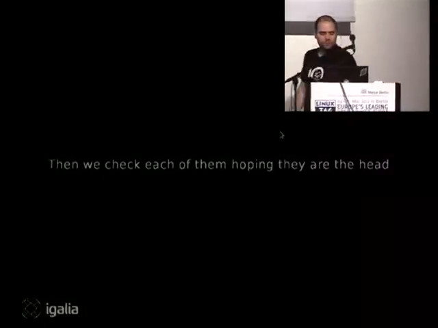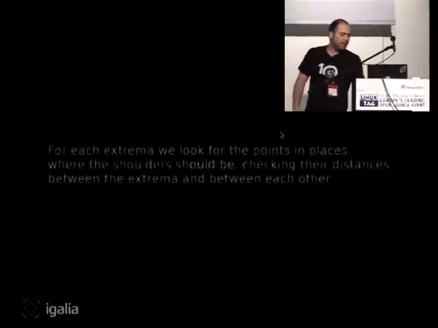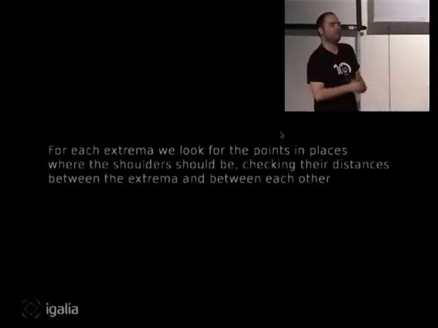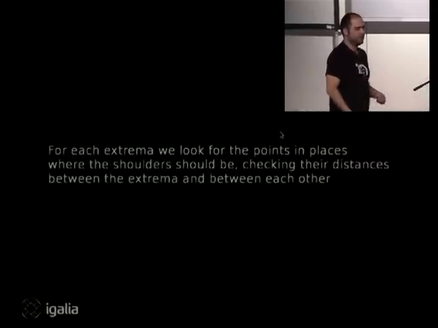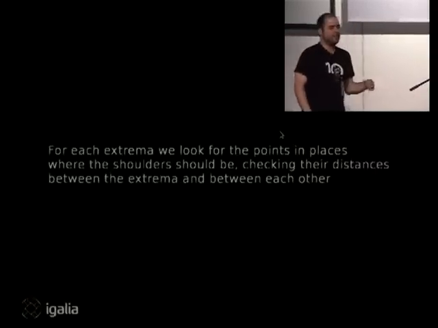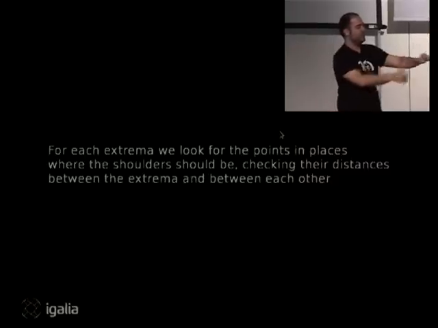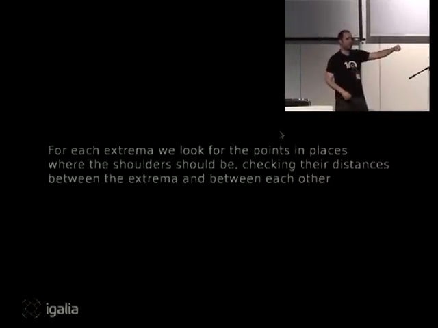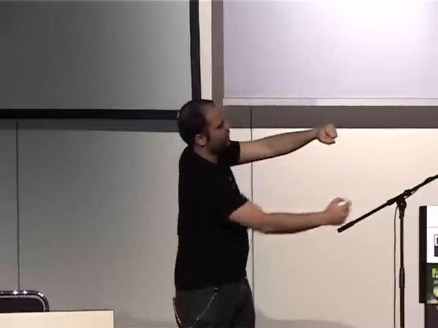The way we do this is that we go through each extrema and we look for the points where the shoulders should be. This means that if the first extrema is this hand and my hand is like this, for example, I go here and I say, okay, so the shoulders should be around here, and here, and you do not have data in there. By the way, the values of these 2 imaginary shoulder points are configurable.